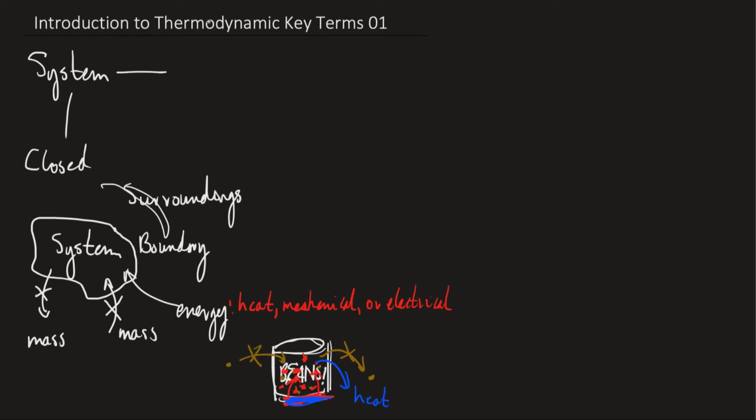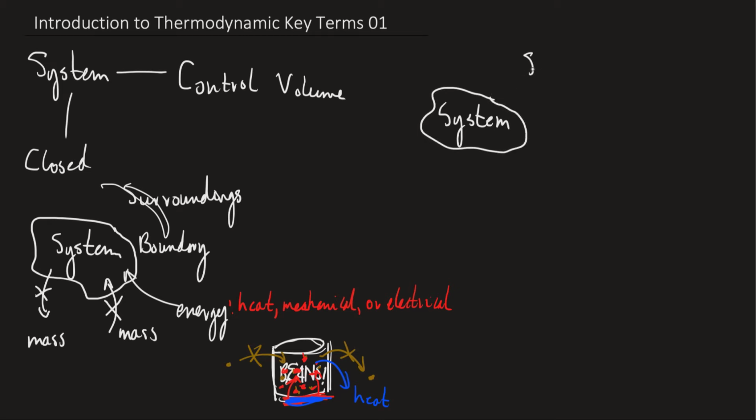Let's move on to talk about the other type of system. And you would think that it'd be called open, but instead it's called control volume. And similar to a closed system, control volume systems also have a boundary and a surrounding.